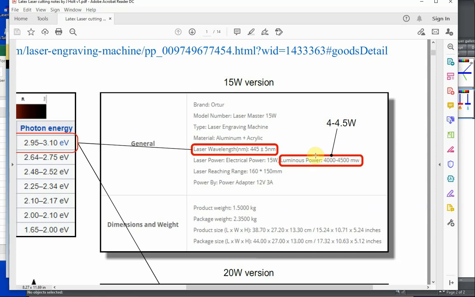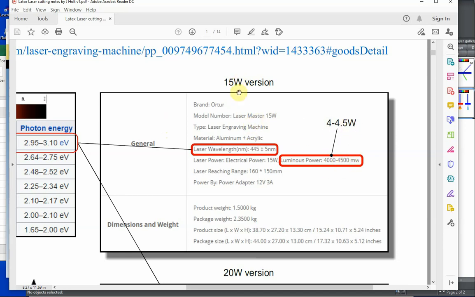CO2 lasers, which is another type of laser, they don't do it like this. They quote the actual power at the beam. Now typically you've got a 40 watt CO2 laser you can buy from eBay or these various sources, and they're 30 watts. So you can see that this laser I've got is much lower power.